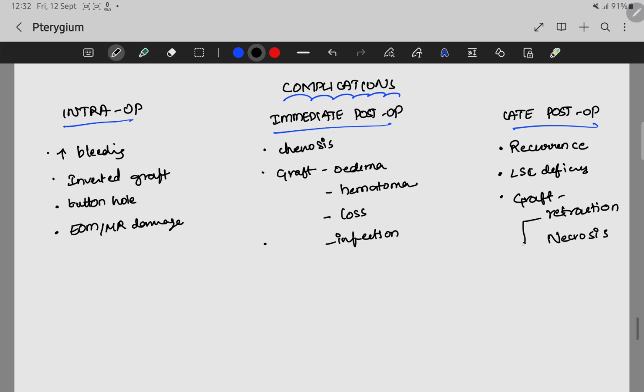In case of graft retraction, there is strabismus and also diplopia. And in bare sclera we can have scleral melt and pyogenic granuloma. So this was regarding the complications of pterygium surgery. With this we complete the topic pterygium. Thank you for watching.